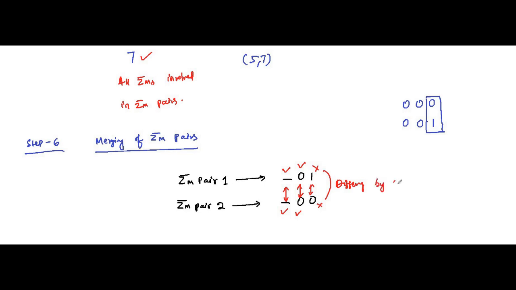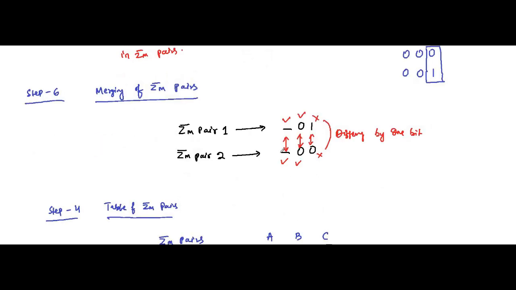So yes, these two minterm pairs can be merged. How will they be merged? We will keep the identical bits as they are, that is, we'll keep the dash as dash, we'll keep the 0 as 0, and we will replace the differing bit with another dash, that is dash 0 dash.